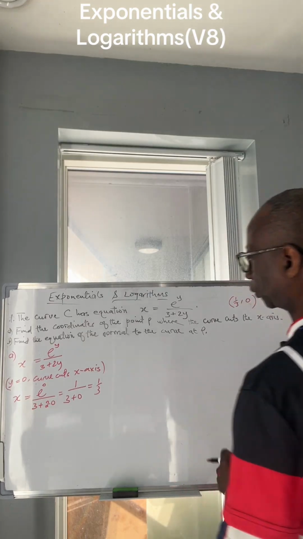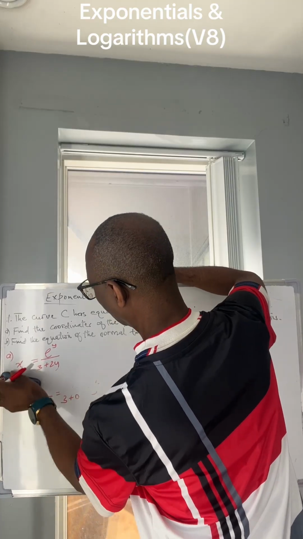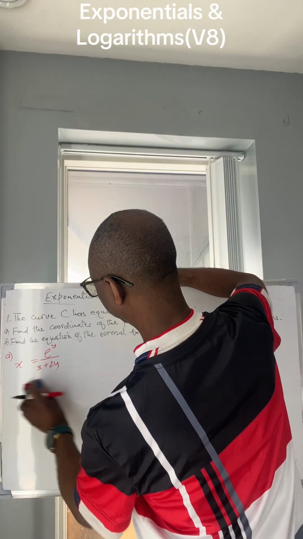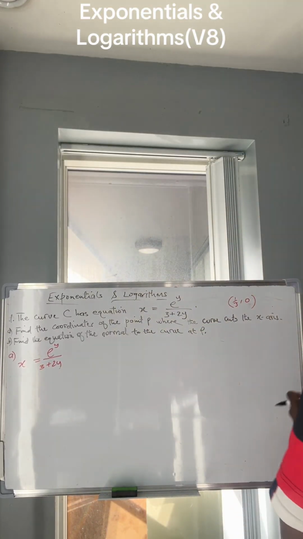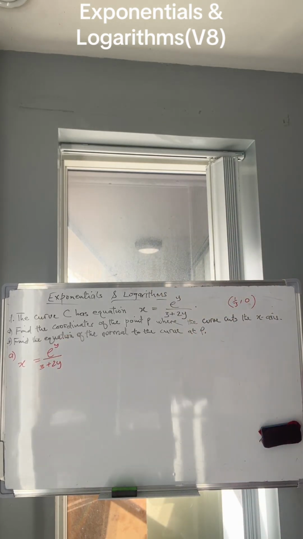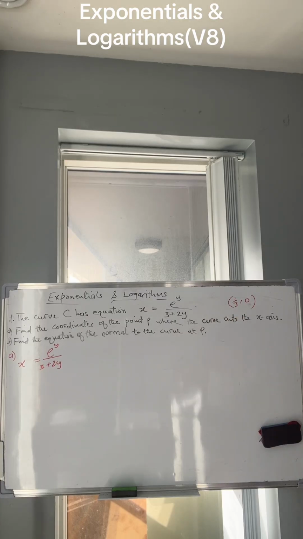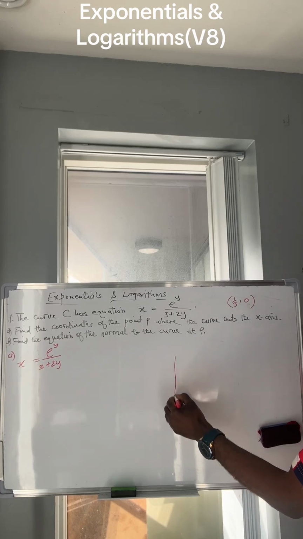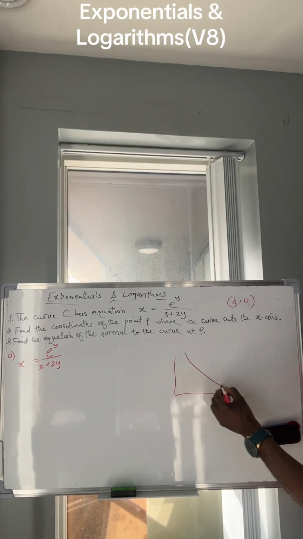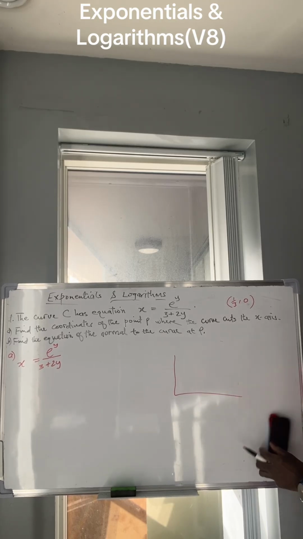Now let's go to number 2, or B, the B part, which is the most interesting part. The B part says, find the equation of the normal to the curve. Whenever you are asked to find the equation of a normal, let's say you have this function and you have a graph like this.